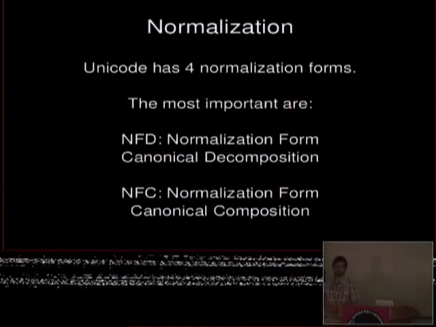So NFD for decomposition will break it out into the longest form possible. So if you have your precomposed A with diaeresis, it will break that up into 2 code points, A followed by combining diaeresis. Whereas the NFC, canonical composition, will first run NFD.